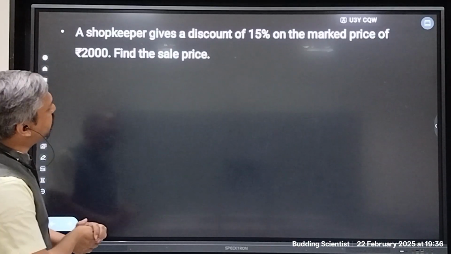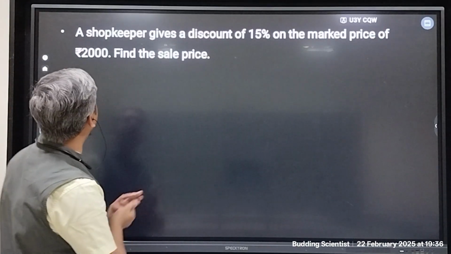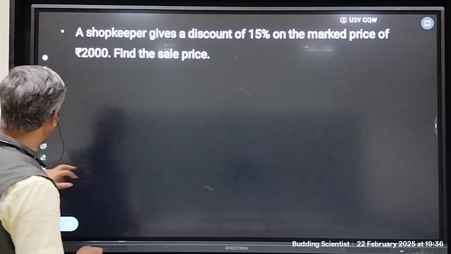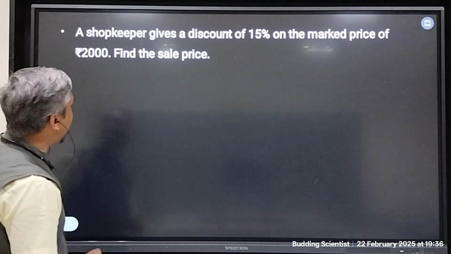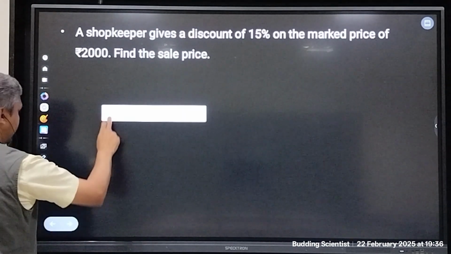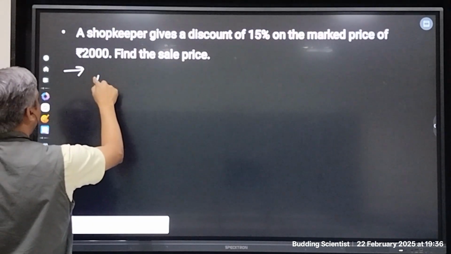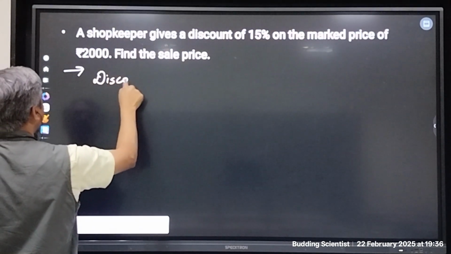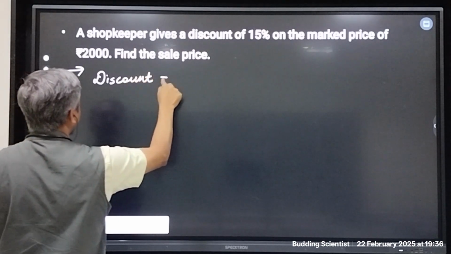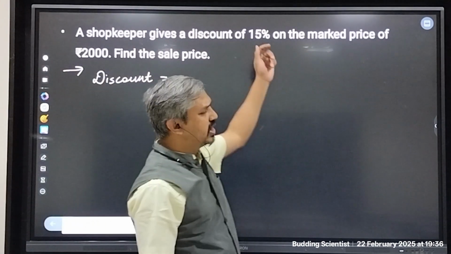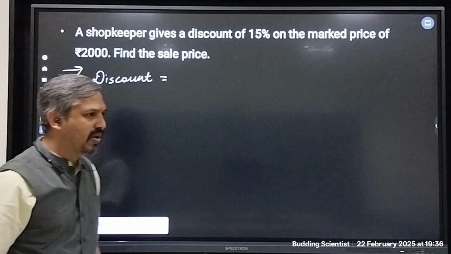A shopkeeper gives a discount of 15% on the mark price, 2,000. Find the selling price. The mark price is 2,000 rupees. So let's find out the discount first. We know the discount in terms of percentage, but in actual amount we have not figured it out.